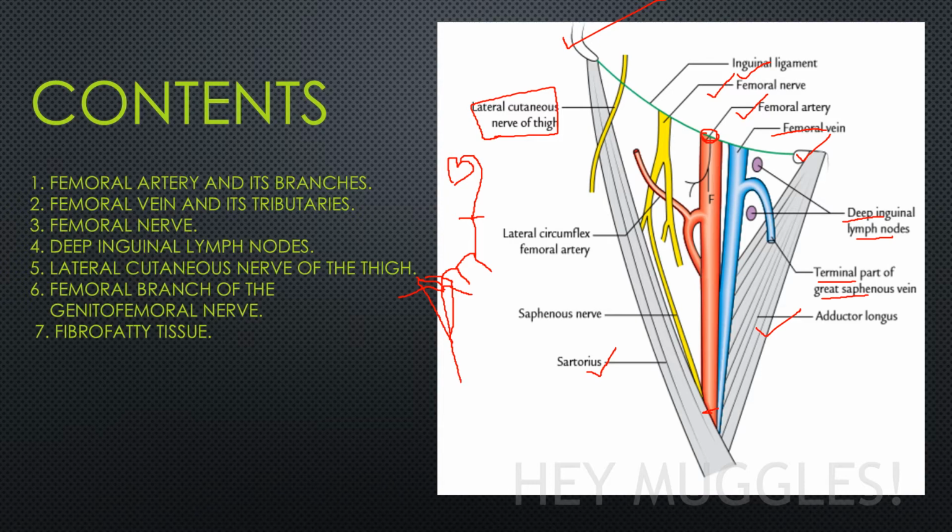Is it okay? And it also gives two deep branches, that is profunda femoris artery and your deep external pudendal artery. So femoral artery is giving three superficial branches and two deep branches in the femoral triangle.